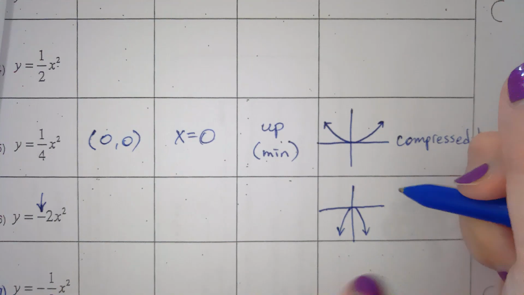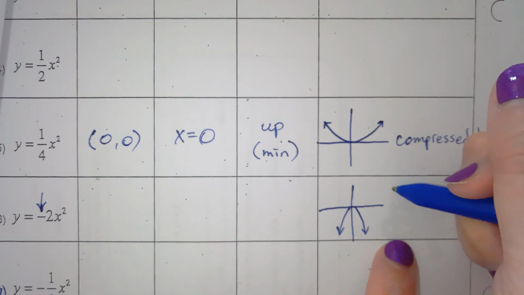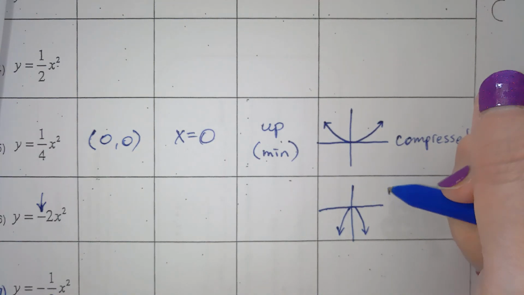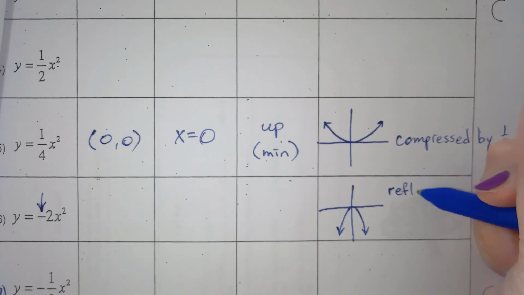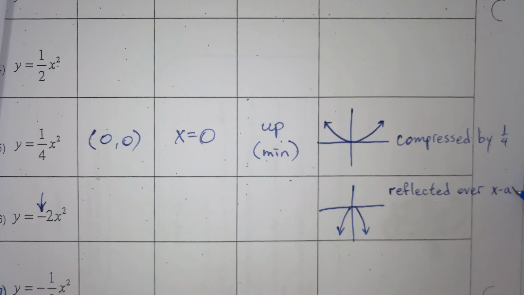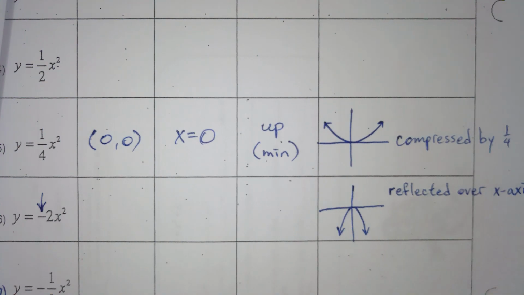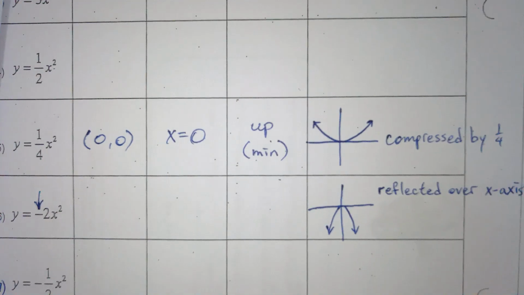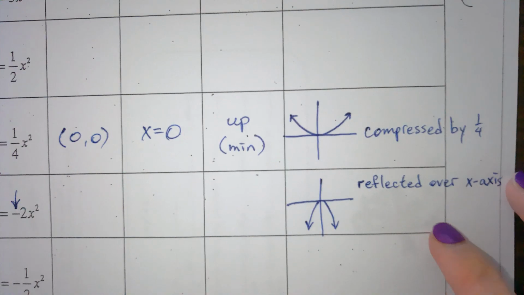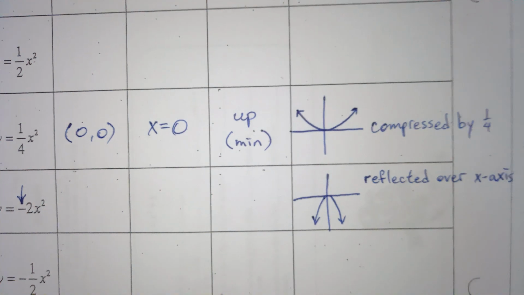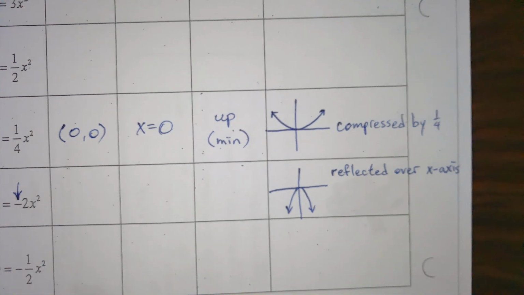Okay, so you can say flipped, but the formal word is reflected over the x-axis. I don't mean to use difficult wording, but in grade 11, you're going to do reflected over y-axis.